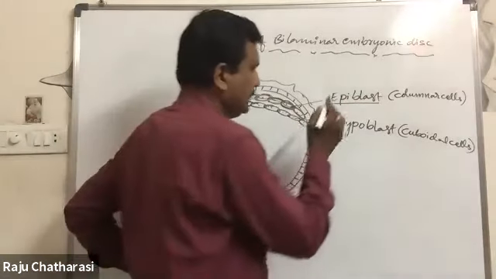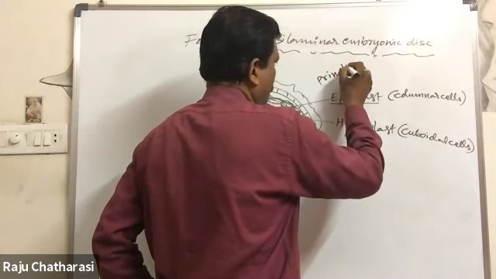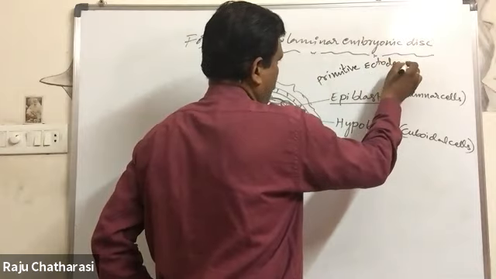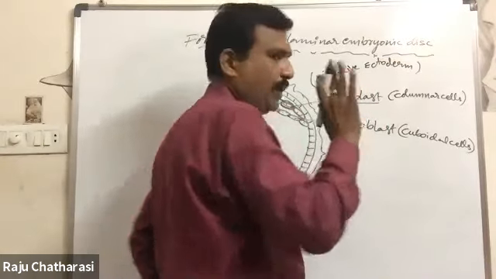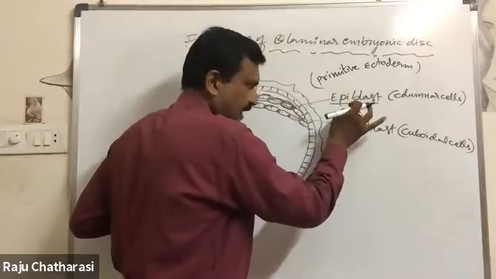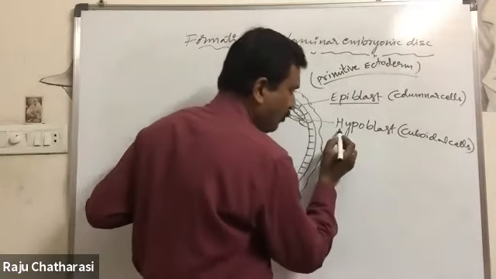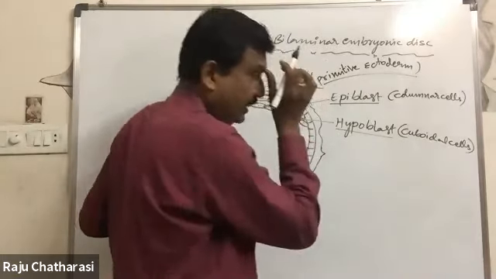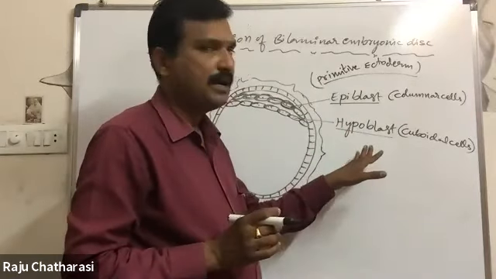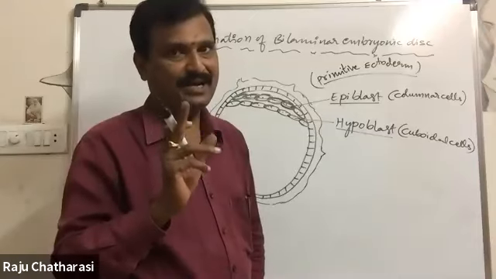So this is primitive ectoderm. Just consider this layer as primitive ectoderm. Next, the hypoblast develops further into extra embryonic mesoderm.